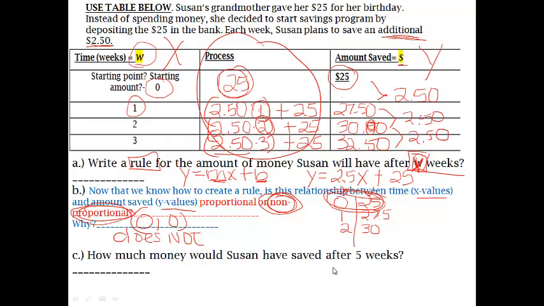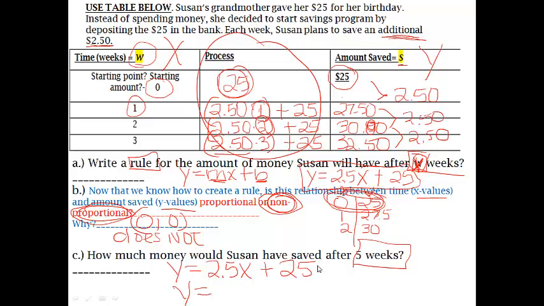So how much money would Susan save after 5 weeks? Well, we know that weeks is represented by, I kind of messed up, it's represented by w, but in this case we did it represented by x. So my formula is y equals 2.5x plus 25. That's what we got from up here. So I know that I'm going to plug in 5 to where?